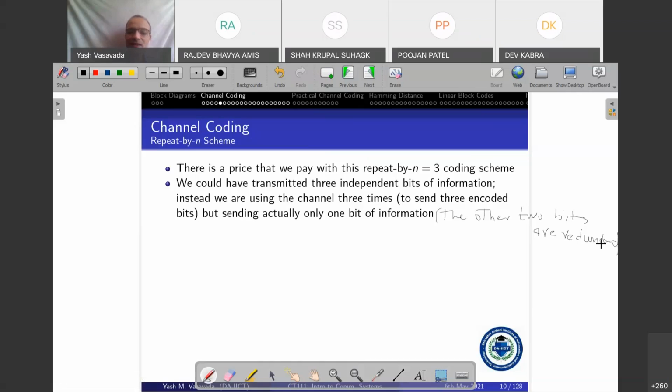Whereas channel coding does exactly the opposite. It puts extra redundancy. So you may ask that then what is the point? Source coding does all the hard work in removing the redundant bits, but then channel coding goes ahead and puts those bits back up again.